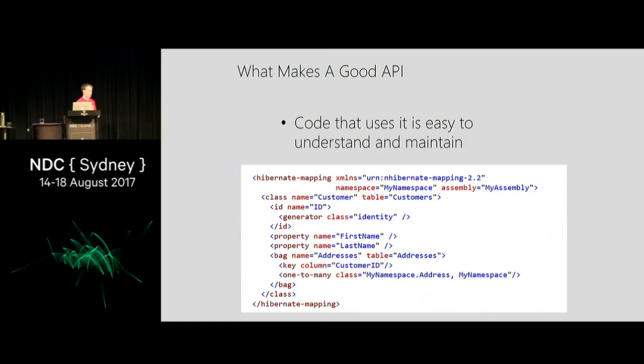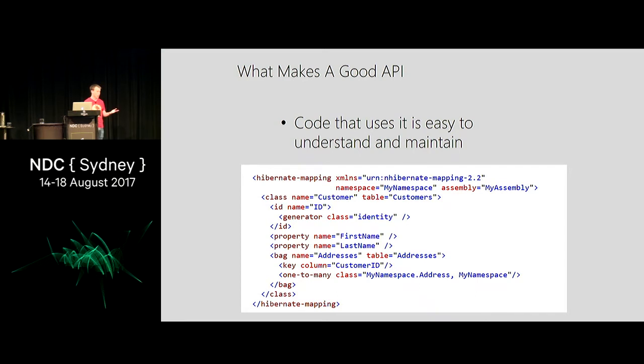There are a couple of problems with this. First is it's verbose. We're forcing people to have a database table, then a C# class, then a mapping file that sort of duplicates everything in between. It's also brittle, so if we come along and change our C# class later, our application is going to break because it no longer matches up with what's in this mapping file.